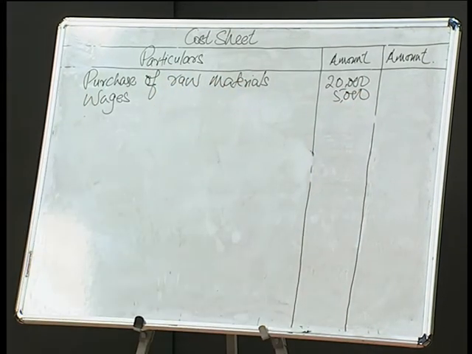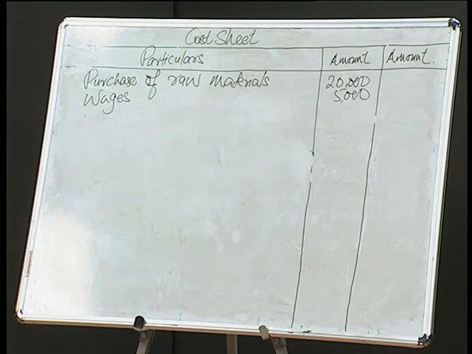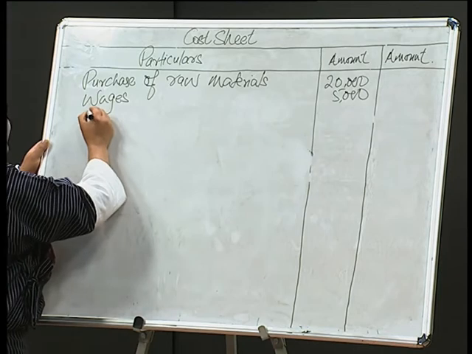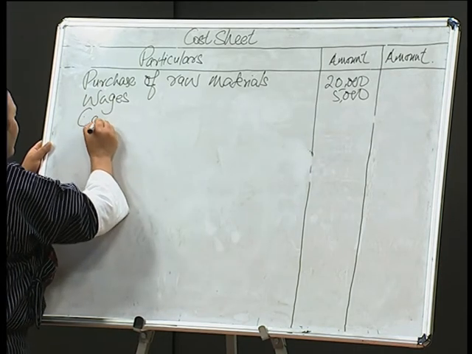Next we have carriage inward. Carriage inward and carriage outward, you should not be confused. Carriage inward is considered a direct expense, while carriage outward is related to selling and distribution, so it is considered an indirect expense or overhead shown under selling and distribution.